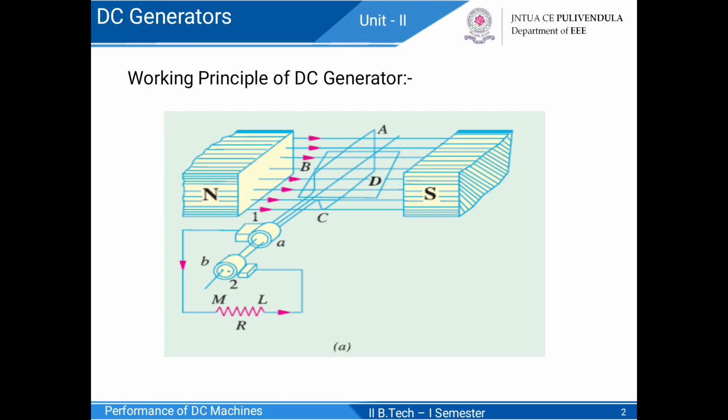Mainly, here we have the ABCD wire coil and two slip rings placed on a single shaft, and we place the brushes pressed against the slip rings. The brushes are connected to the external load. The function of the brush is to collect the current from the coil.